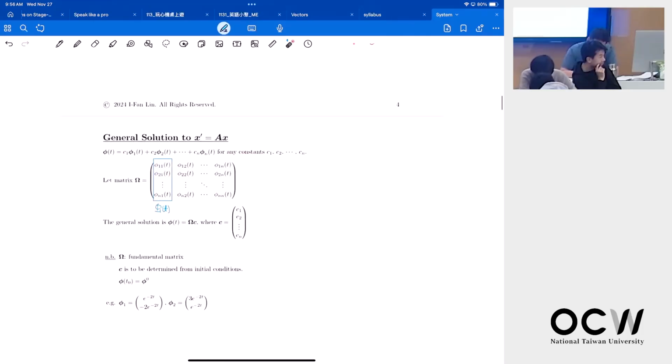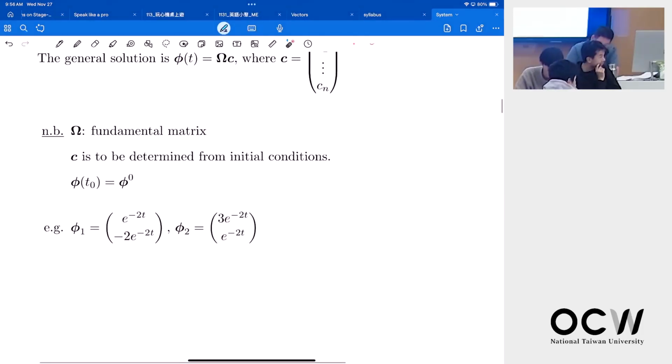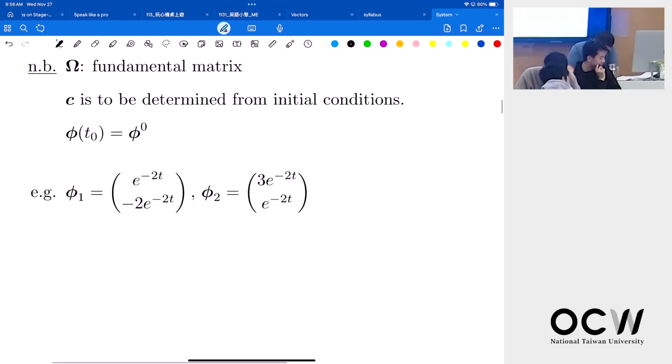Here is an example, phi 1 and phi 2. I want to know if they are linearly independent. So we can check, say, t equals 0.